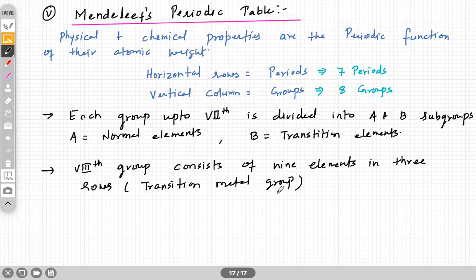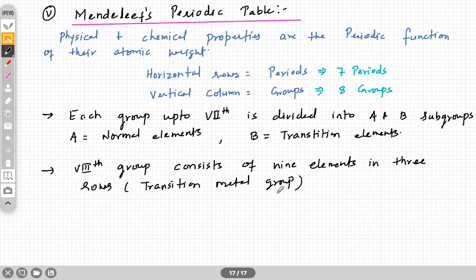He gave this theory, and for some elements which were not discovered at that point of time, he left the position blank. So this was the biggest achievement of Mendeleev. He could find out those things and could leave the space blank for those particular elements in his periodic table, right?